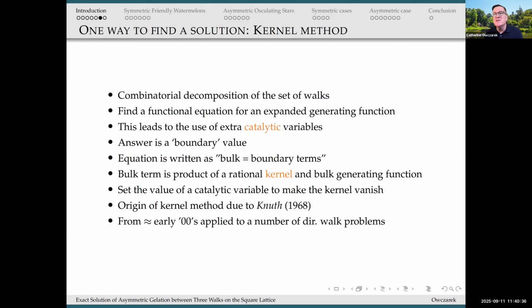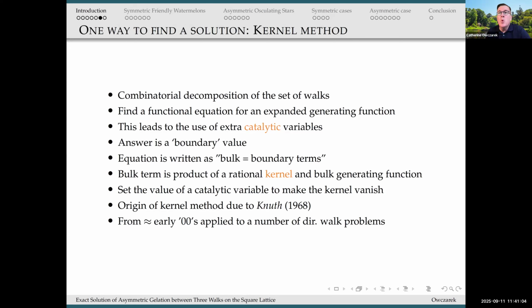And then something that I also learned from Rodney was that sometimes the variables that you have are too restrictive. Sometimes you need to add extra variables or generalize your problem to actually solve it. Those extra variables are helpful, and it occurs here as it occurs in various problems in lattice statistical mechanics: you add these extra so-called catalytic variables, and those extra variables allow you to solve the problem.